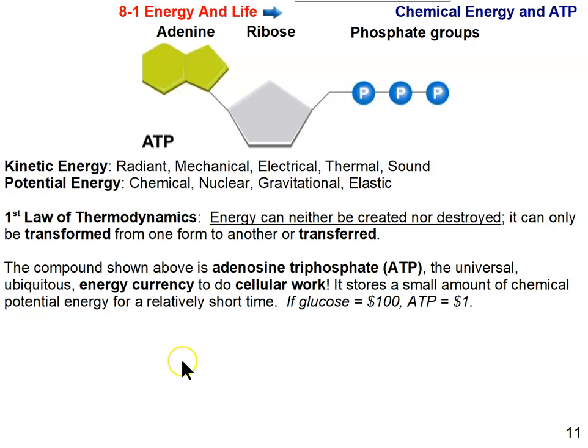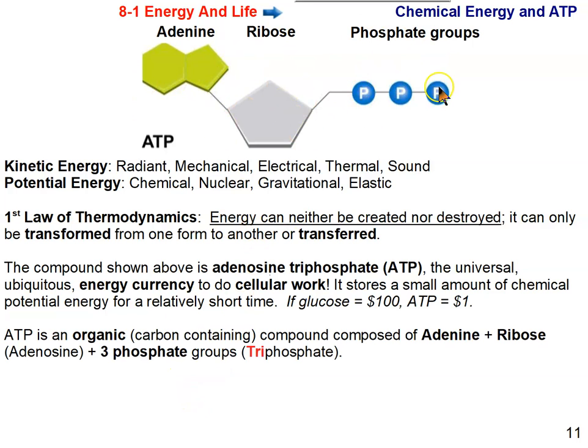So all of that is leading into taking a look at what we have here on this slide, and that's adenosine triphosphate, ATP. It's an organic compound, of course, contains carbon, and it's composed of adenine, ribose, and 3 phosphate groups. So adenine, ribose, which is a sugar, right? Adenine is a nitrogenous base, if you'll recall, along with thymine, guanine, cytosine, and uracil in nucleic acids.